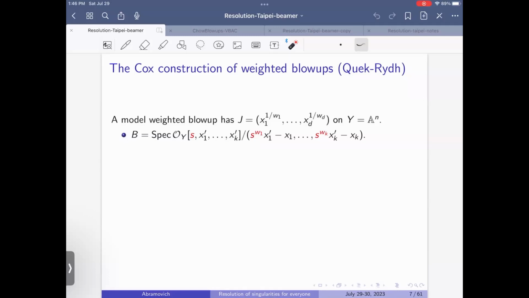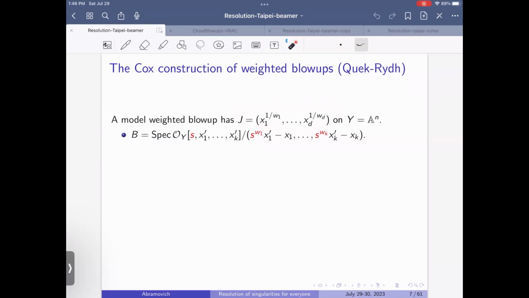So the notation I use for the weighted blowup, where I give x_1 weight w_1, x_k weight w_k, is this notation. Basically I'm thinking of putting things of weight 1 in each slot.